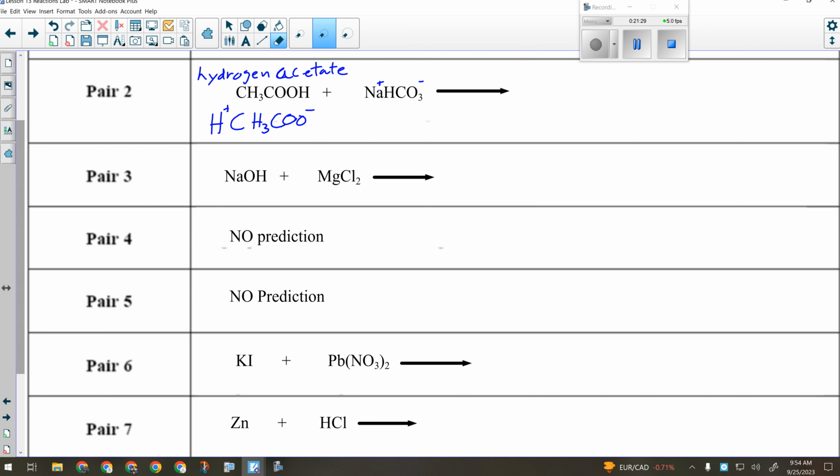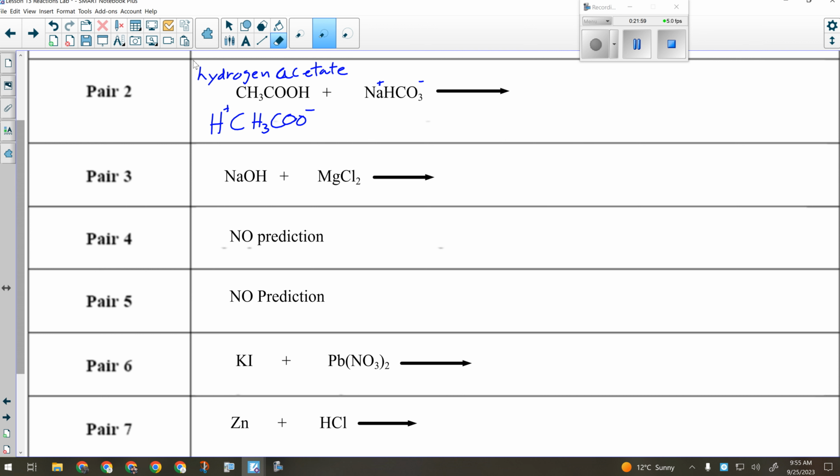Is acetate the first one on our chart? Yeah, it is. It's up here as well. It's the first one, because it's alphabetical. And hydrogen carbonate's right here, HCO3. Just so when you're figuring out the metals are swapping, because that's a double replacement reaction, you know what things to swap.